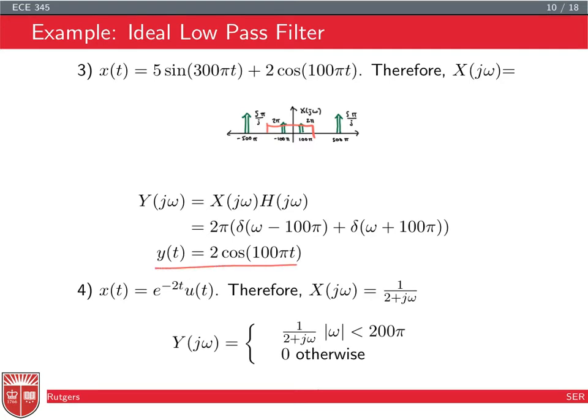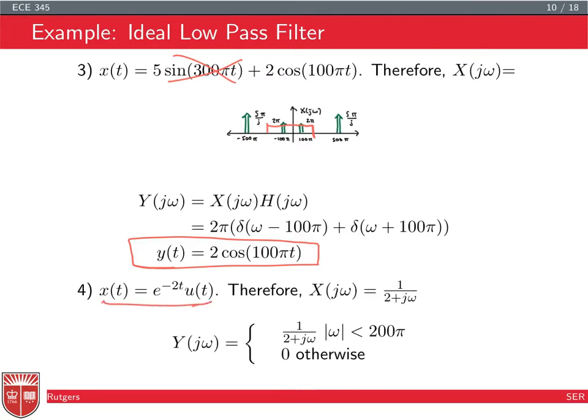So the output is going to be 2 cosine 100 pi t, because it gets rid of the 5 sine 300 pi t. Now the fourth question is about x of t equal to e to the minus 2t u of t.